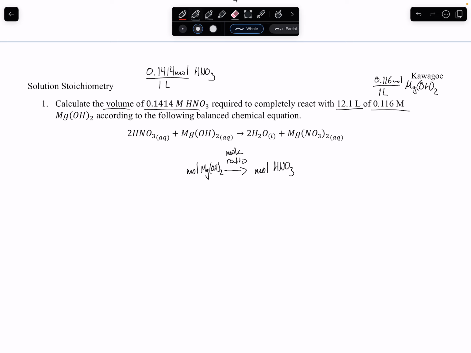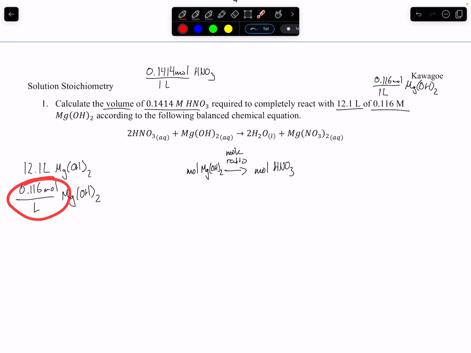Now, looking at the units that we have, if I rewrite over here, 12.1 liters of magnesium hydroxide solution and 0.116 moles per liter of magnesium hydroxide. I have liters and I have a conversion factor between moles and liters. So I can use molarity or the moles per liter to get from liters of magnesium hydroxide to moles of magnesium hydroxide.